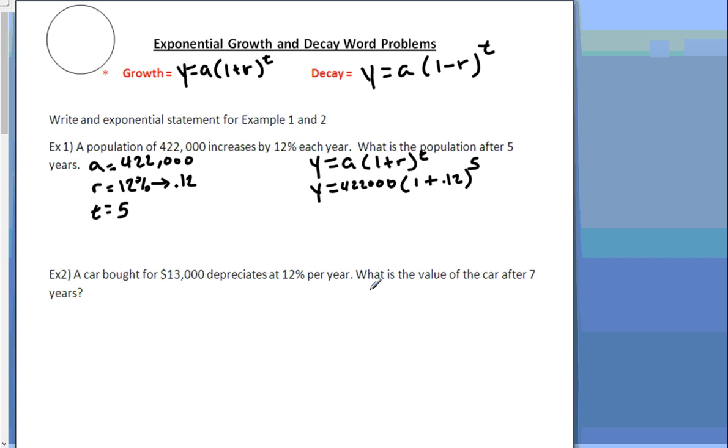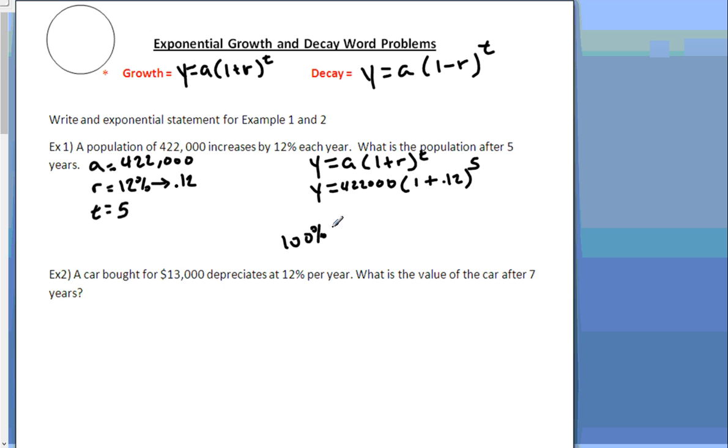Now, let me help you understand this real quick. Why do I use 1 plus r? Each year, I want you to understand that each year you get all the people that you had before plus 12% more. Does that make sense? You get 12% more than what you had before. Now, what percentage of people did you have before? Well, you had 100% of the people, right?